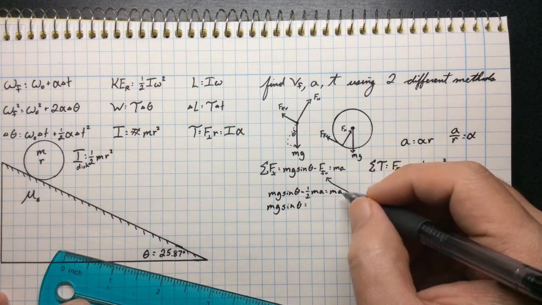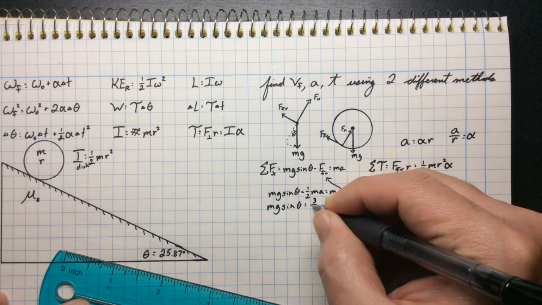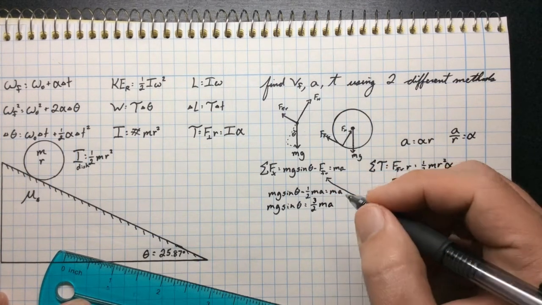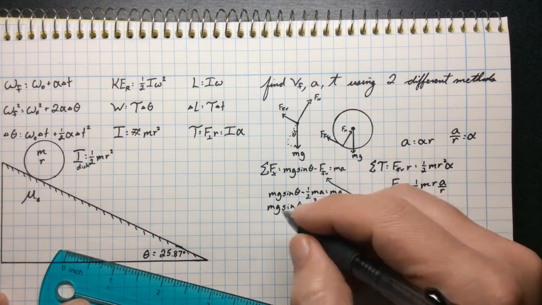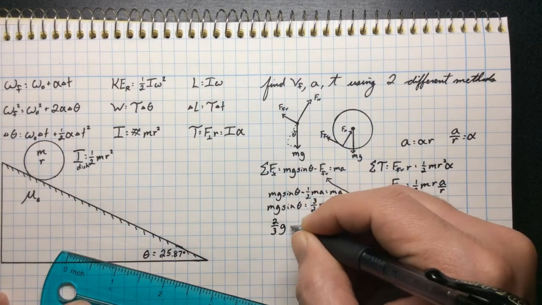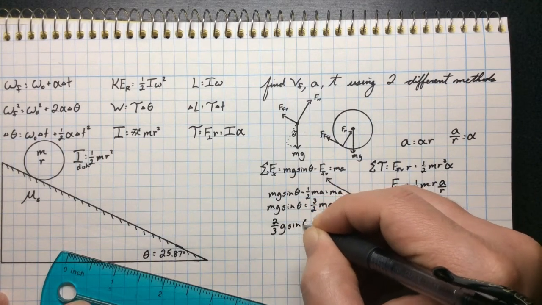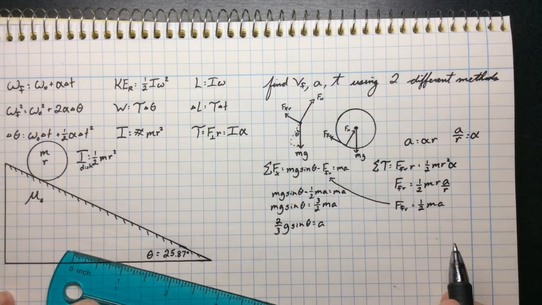But a half ma plus a whole ma is going to be, what, 3 halves ma? And let's divide out by the m, and I want that a right there, so let's move the 2/3 over. So 2/3 g sine theta is equal to a. So we actually solved for the acceleration just now.